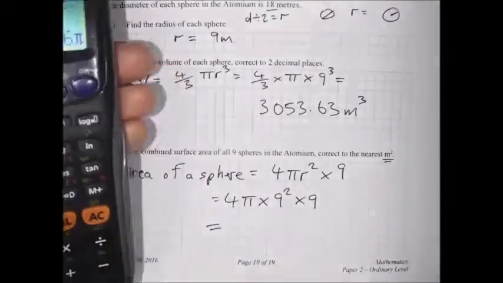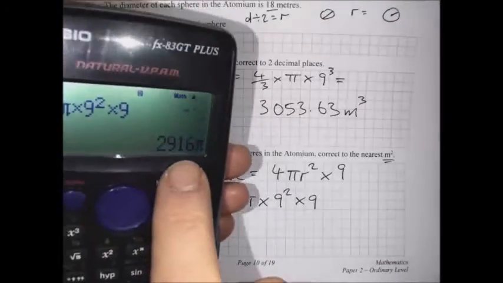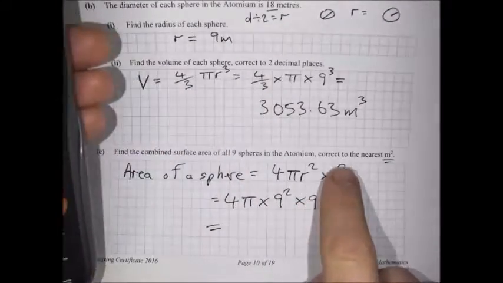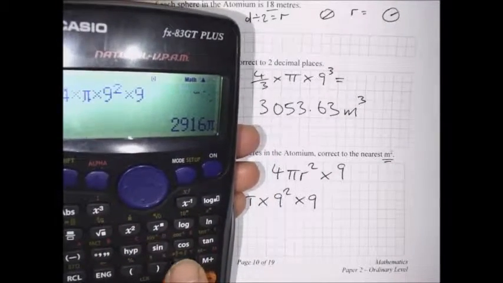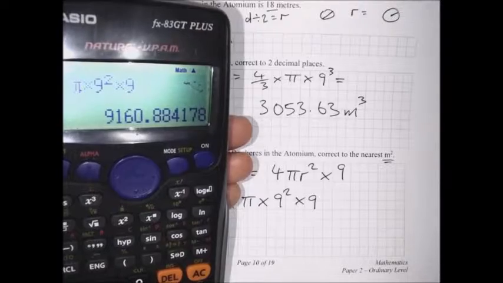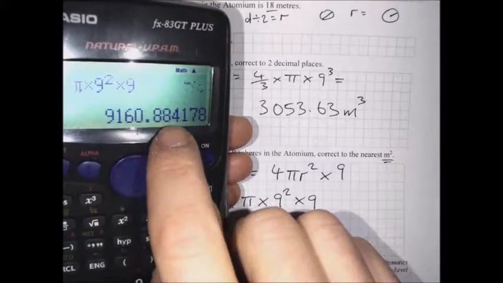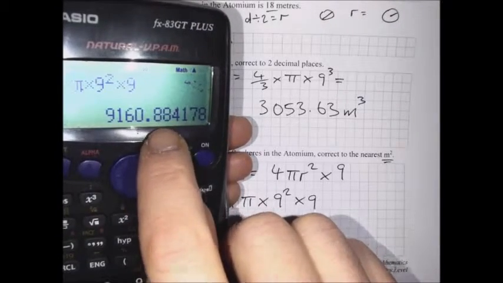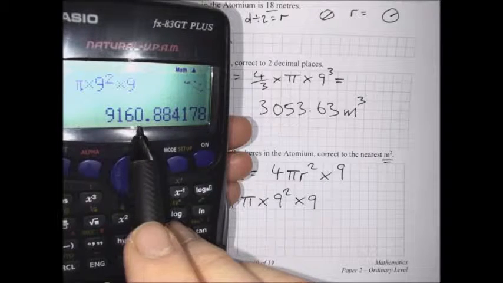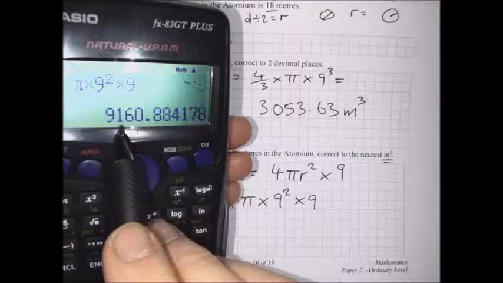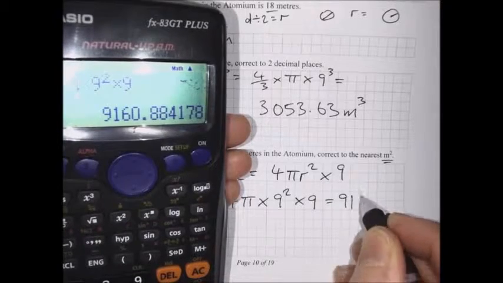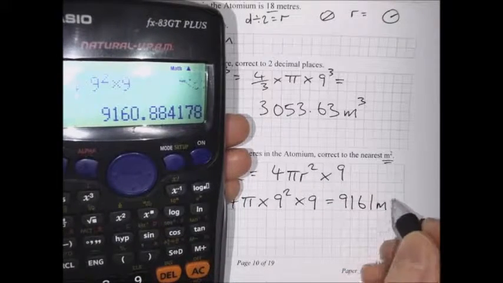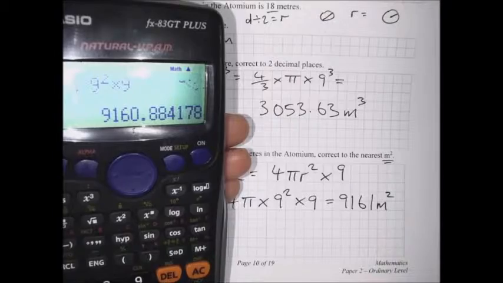And again we have this in terms of pi. They're looking for the answer correct to the nearest meter squared, which suggests a decimal type answer. So press SD, and we can see that that's 0.88. That 0.8 will cause this guy here to go up by 1 digit. So plus 1 there gives us 9161. 9161, and we're dealing in squared meters because it's area.